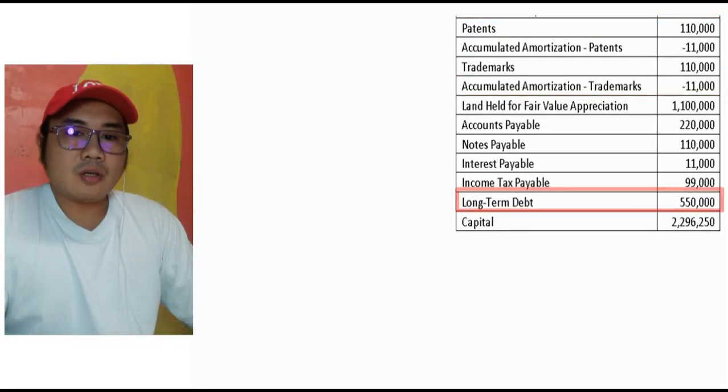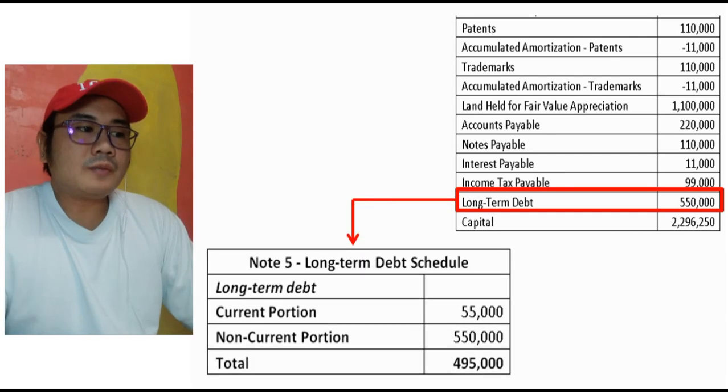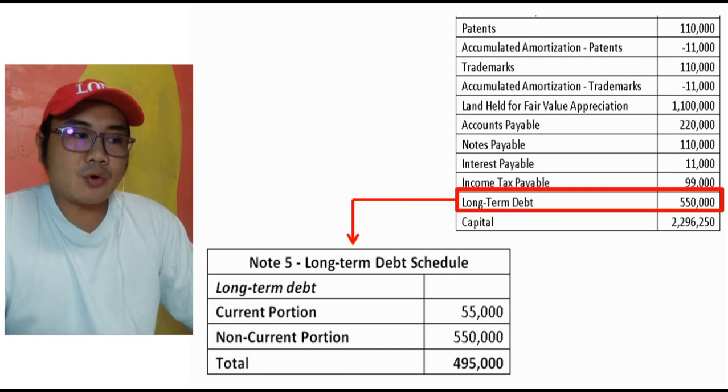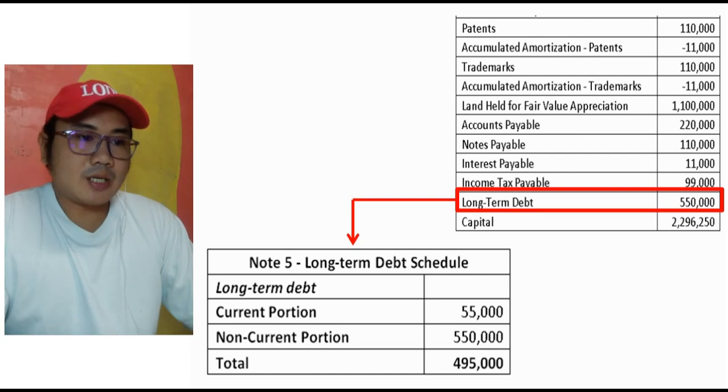Lastly, long-term debts. The payment for long-term debt is divided into two, the current and the non-current portion. Although it is not stated, let us assume that the loan amount of 550,000 is to be paid for 10 years.